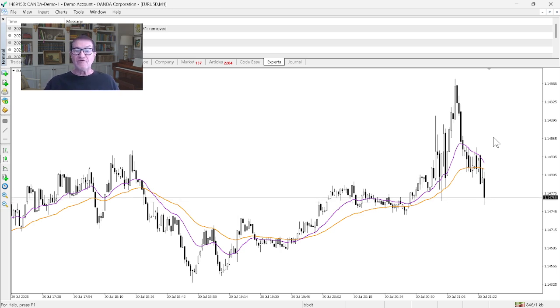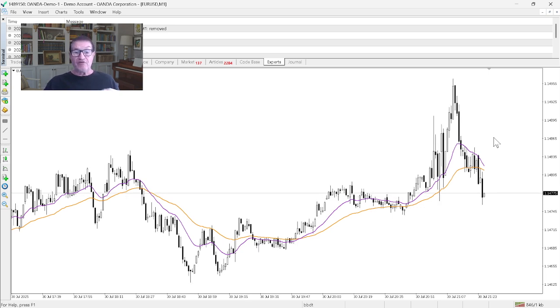A crossover has to have the following conditions in place before you even consider a real trading opportunity. Number one, for a bearish entry or a sell position, the fast EMA, which is the EMA with the 20 period, must be crossed over. This is a crossover, by the way, here and here.